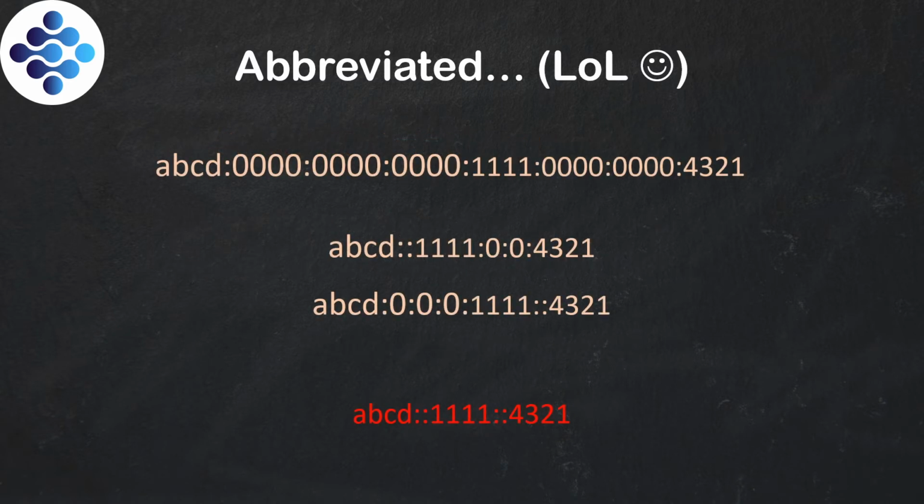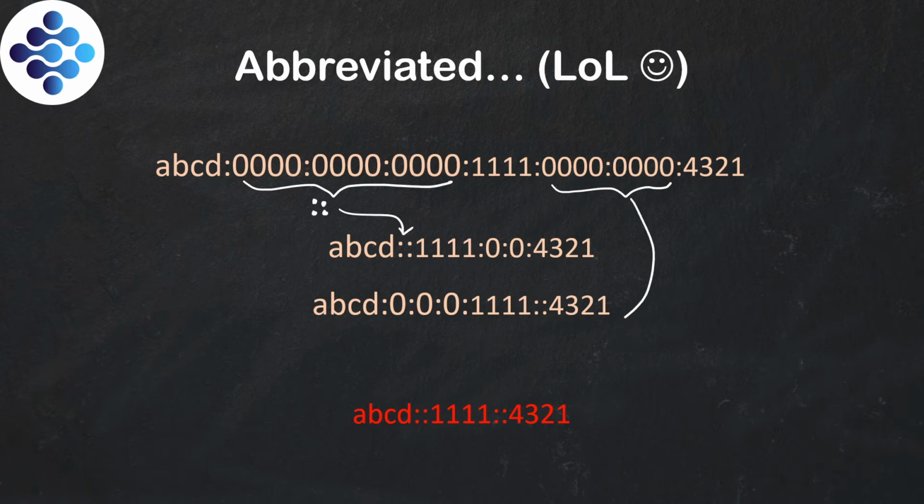So it can be written as ABCD colon 1111 0 colon 0 colon 4321. In this case we have abbreviated this first part as a double colon. But it won't be incorrect if you would like to abbreviate this other part. So in that case, that's what has been done over here.